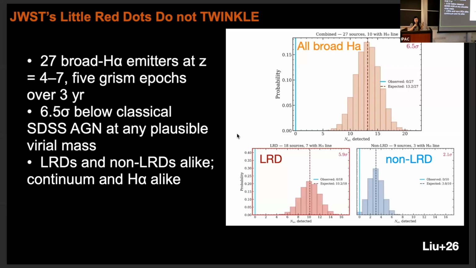But in fact, we observed 0. So this is more than a 6 sigma deficit from the SDSS expectation. And this non-variability holds for both LRDs and non-LRDs and holds for both H-alpha and continuum light curves. So our observation suggests that whatever sits inside the LRD, it is not like a textbook accretion disk that we know.